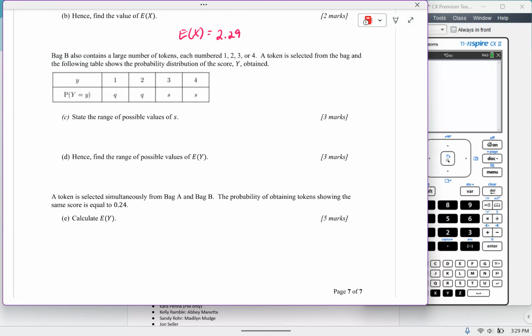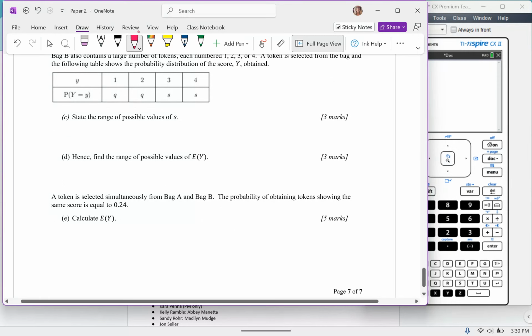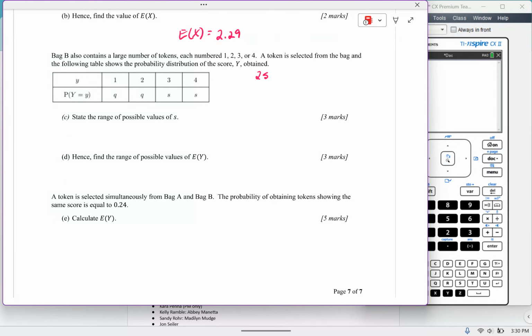Okay. So S would be at its maximum when Q is at its minimum. Couldn't you have a probability of 0 for that outcome? For 1 and 2? You could get no 1s and no 2s, right? This is the overarching relationship.